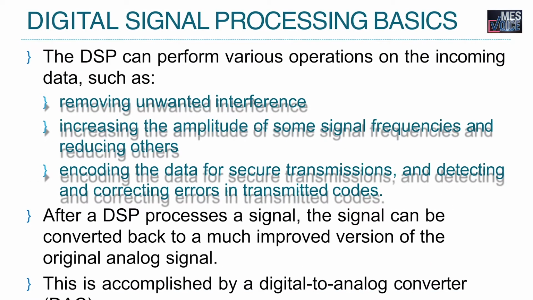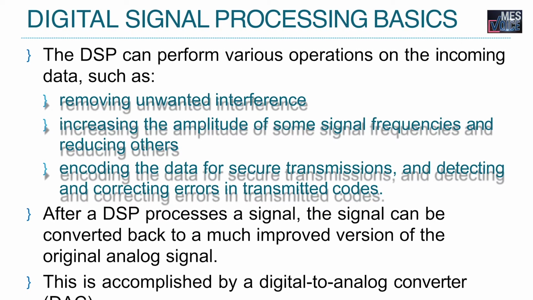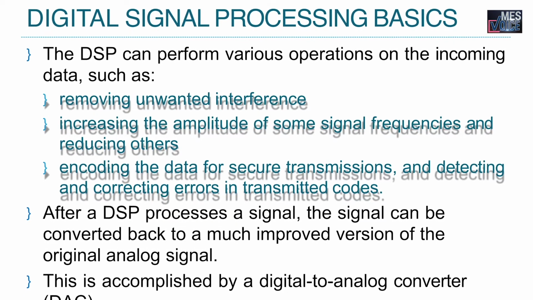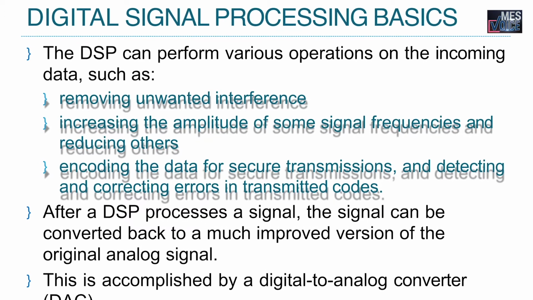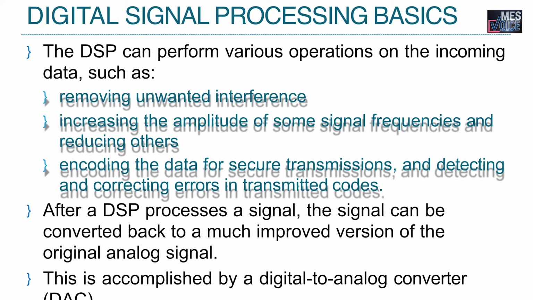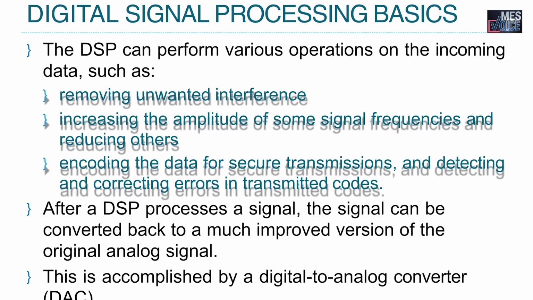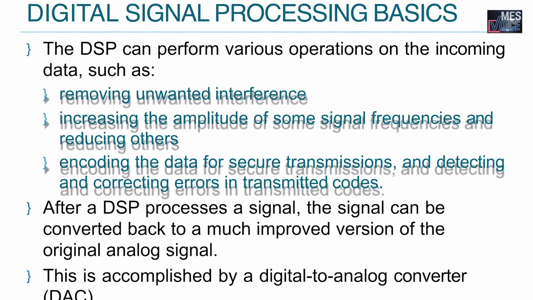This stair-step approximation is quantized into a binary code, which represents each discrete step on the stair-step representation, and this is accomplished by a process called analog to digital conversion. Then it is ready to be applied to the digital signal processor.